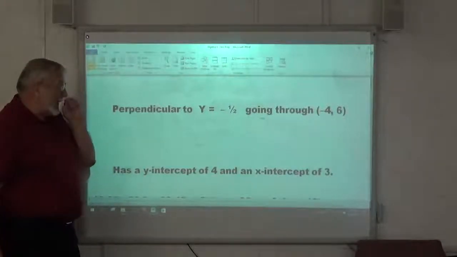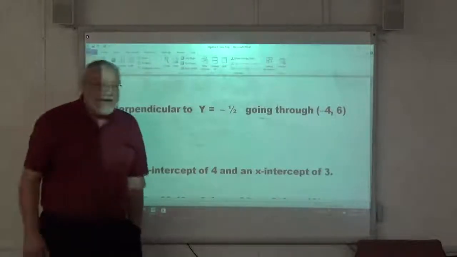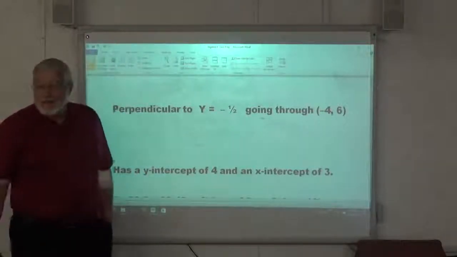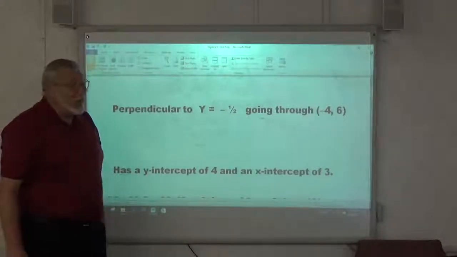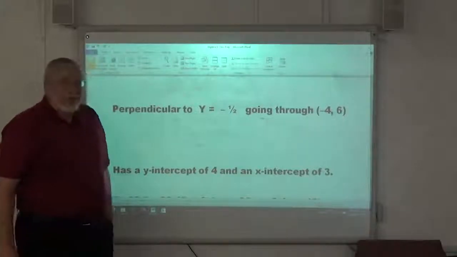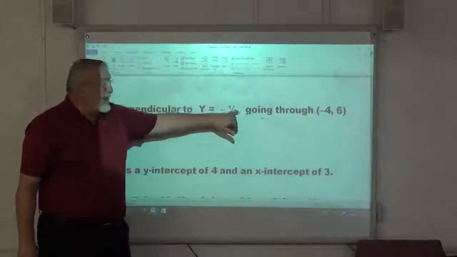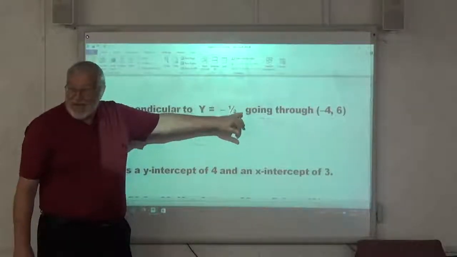Okay, I hate to tell you this, but I made an error. This is a really hard problem. Because what I forgot to do is I didn't finish this equation. I was supposed to have a 1/2 x.